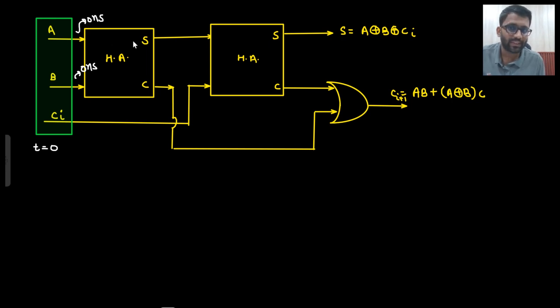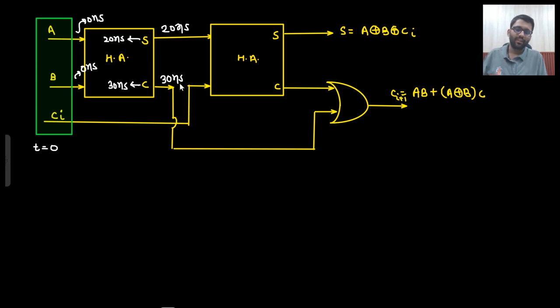Now to produce the sum, how much time will it take? 20 nanoseconds. Inputs were stable at t equals 0, and to go from here to here it will take 20 nanoseconds, so you will receive this at 20 nanoseconds. And you will receive this after 30 nanoseconds, because producing carry takes 30 nanoseconds.